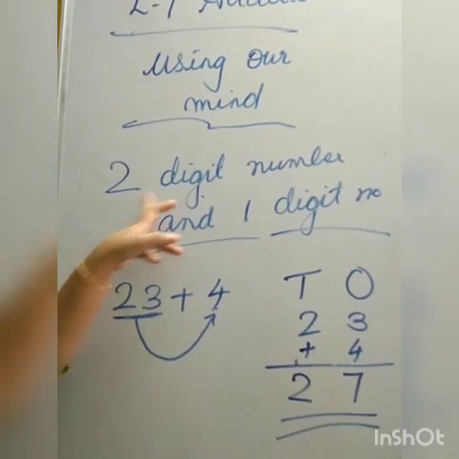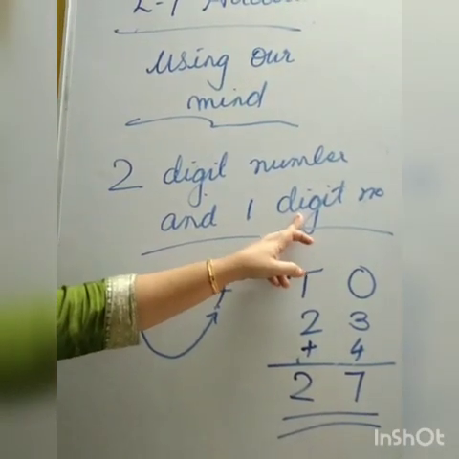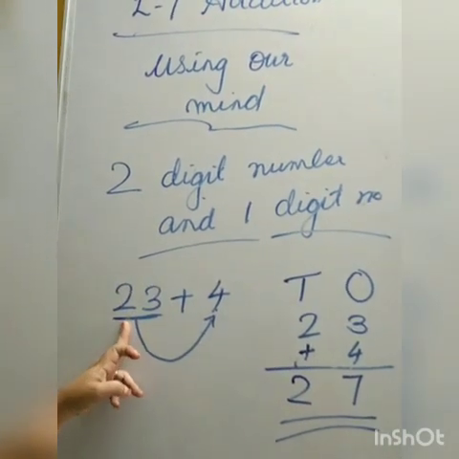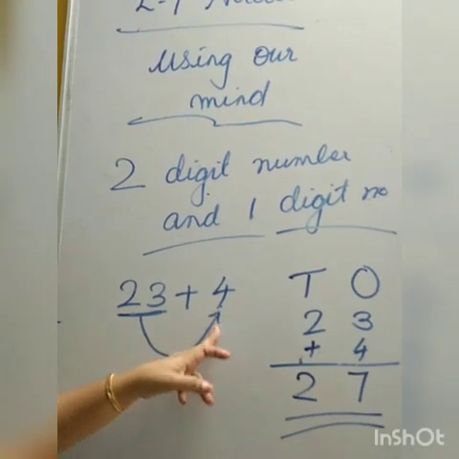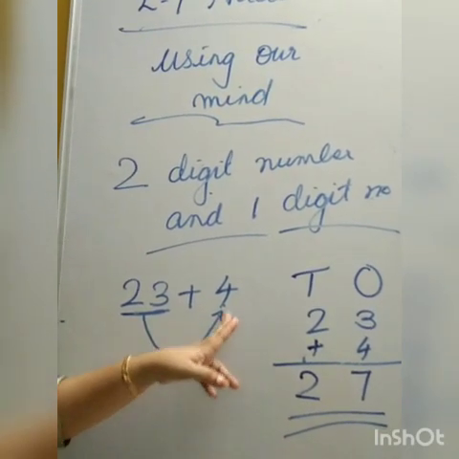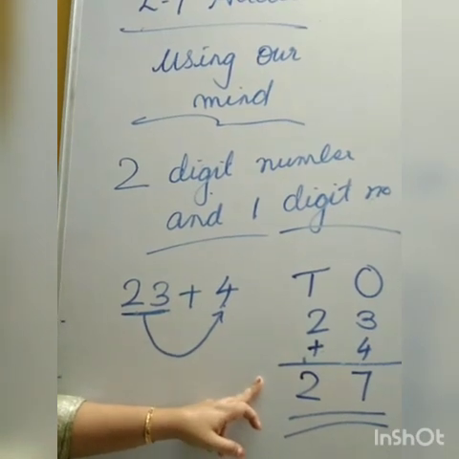See, 2-digit number and 1-digit number addition. Here I wrote 23 plus 4. First what do we have to do? We have to arrange these numbers vertically.